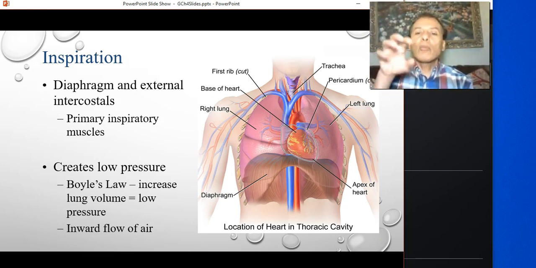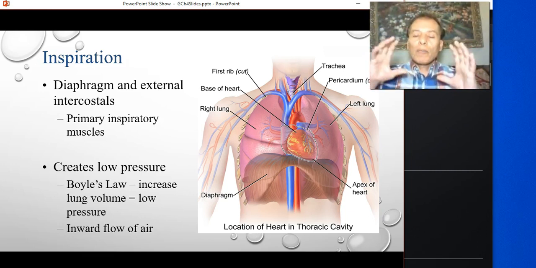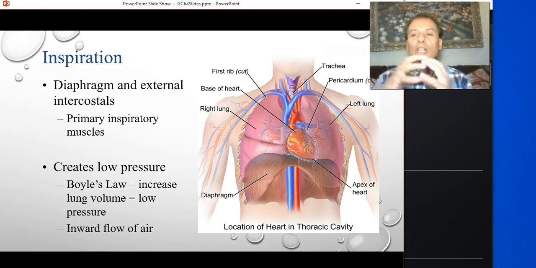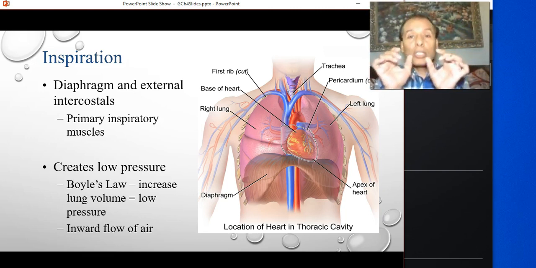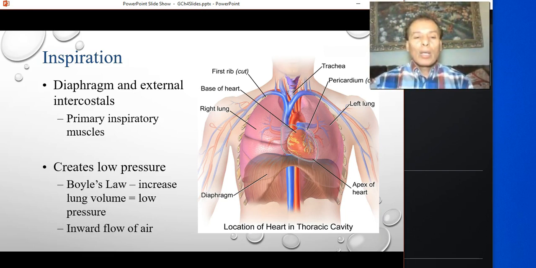And when the volume of a closed container decreases, then the pressure inside of that container increases. You need to know exactly what the words say, and if you leave the word closed out, then you didn't answer the question. Because without saying closed, it doesn't mean anything.